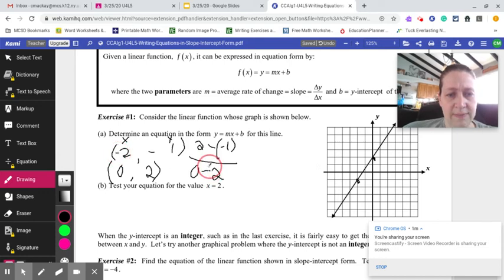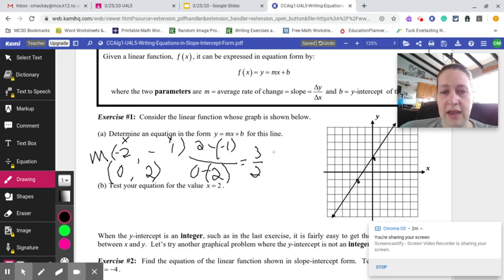Sorry about that. Okay, which gives me a slope of 2 minus -1 would be 3 over 0 minus -2, which is going to be 2. So a slope of 3 over 2. That's my m. My b is my y-intercept, and I can see that it crosses at 2.